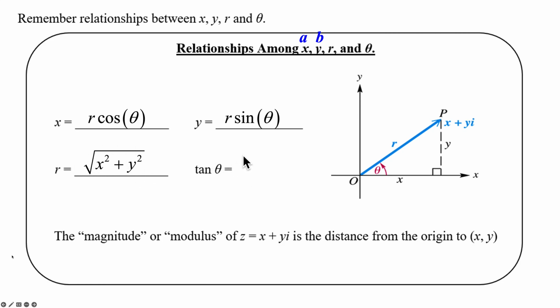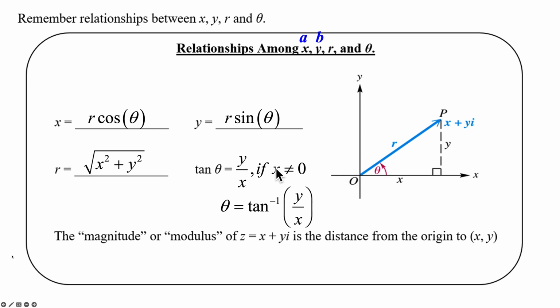Tangent theta is y over x, but again, x can't be equal to 0 because then that would be undefined. Or, if you prefer, just take the inverse tangent of y over x. And if you want to remember that, that works too. So the magnitude or the modulus of z equals x plus yi is the distance from the origin to the point xy. That's the magnitude, the length.